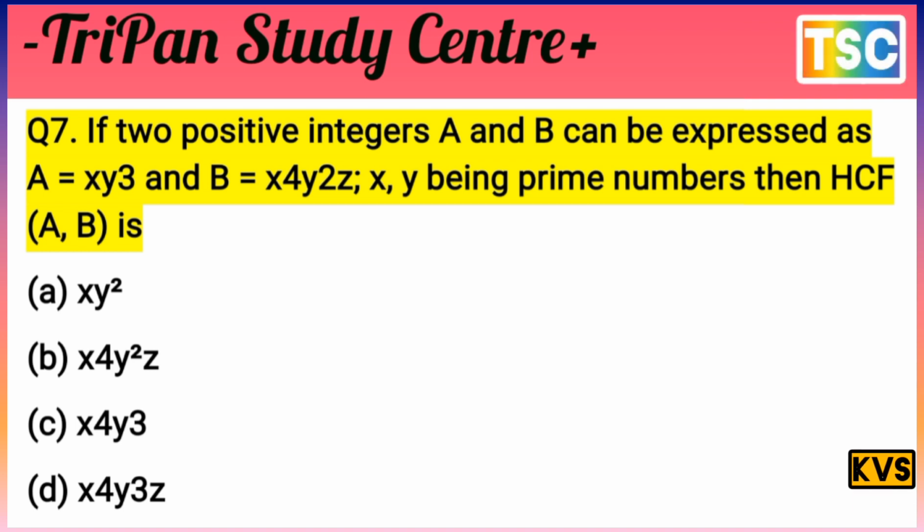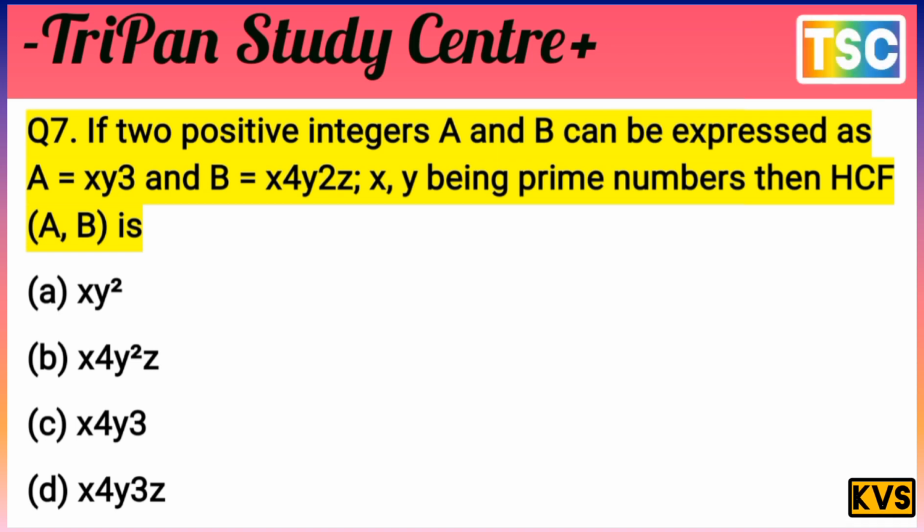The two positive integers a and b are expressed as a = x y^3 and b = x^4 y^2 z, where x and y are prime numbers. Analyzing the question, in a, x appears only one time and y three times. In b, x appears four times, but for the highest common factor, x is taken only one time.